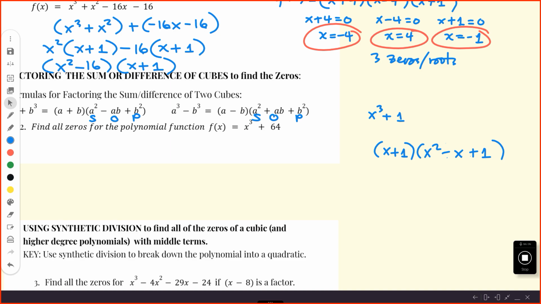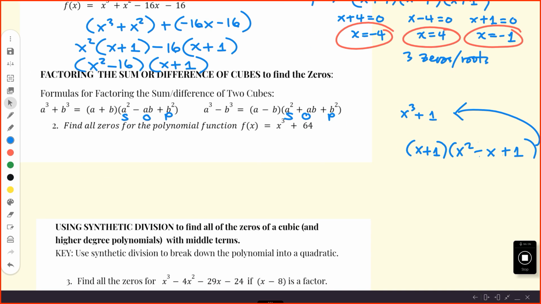But again, if you multiply this x plus 1 times this, it's going to give you that. That's why I'm showing the form, because this is just working backwards. We got the factors. If you multiply the factors using FOIL, it's going to give you that. But if we have the polynomial and we're asked to factor, then that's how we do it, okay?